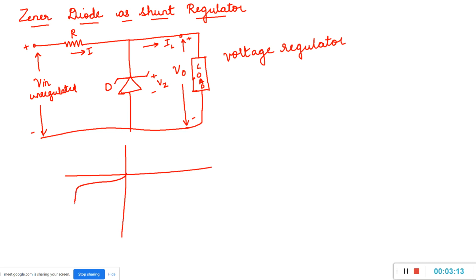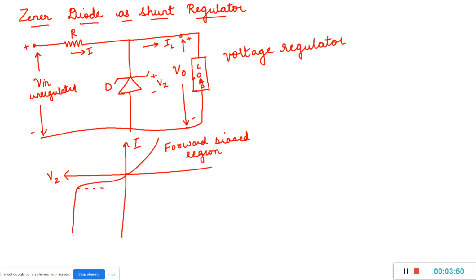As we all know, the Zener diode works in this quadrant because it conducts in the reverse biased region. On this axis we have voltage VZ, on Y axis we have current I. So this is the forward biased region. Let us concentrate on the reverse bias because the Zener diode conducts in the reverse biased region.